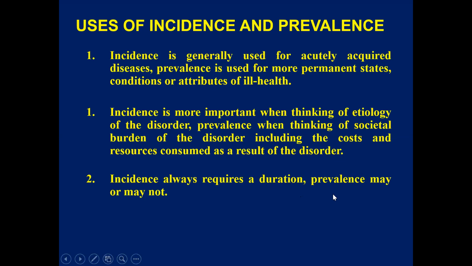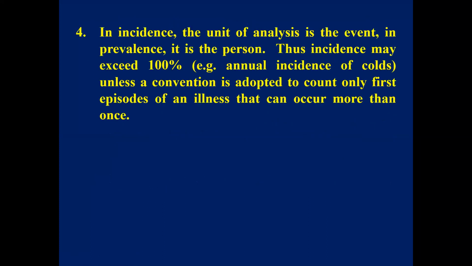Whereas for prevalence, if you are calculating point prevalence, you need not consider duration. But when you are calculating period prevalence, you may have to consider the length of follow-up, or calculate yearly or annual prevalence. In incidence, the unit of analysis is the event, and in prevalence, it is the person.